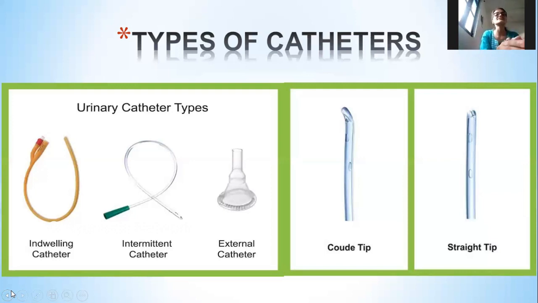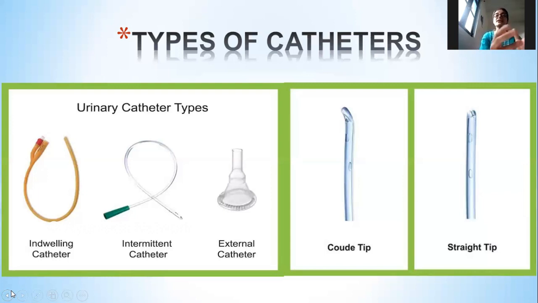Now, where do you use these coude tip catheters? As we have discussed, one of the common indications for catheterization is patients who are having benign hypertrophy of prostate. When we discussed the anatomy, we saw that the prostatic part of the urethra was surrounded by the prostate. Now, when hypertrophy is there, the passage will be narrowed, and it will be difficult to do catheterization.